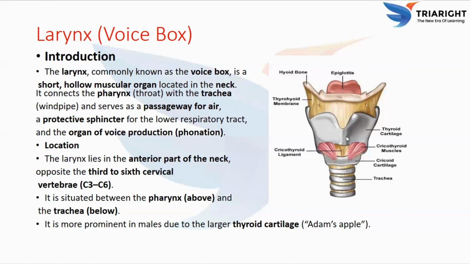So this larynx has three main roles. What are the three main roles? It acts as a passageway for air between the pharynx and trachea, because it allows air to flow between them. It also serves as a protective sphincter.